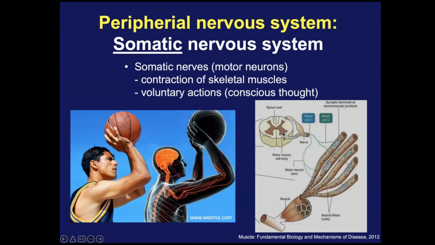And when the neuron cells get excited, they send action potentials to the terminal of the nerve fibers to release the neurotransmitter to trigger the contraction of the skeletal muscle cells.